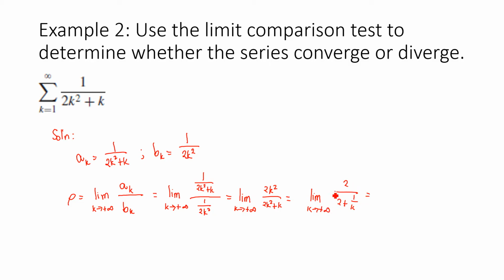The limit of the numerator is 2, and the limit of 1 over k is 0. So 2 over 2 is equal to 1.